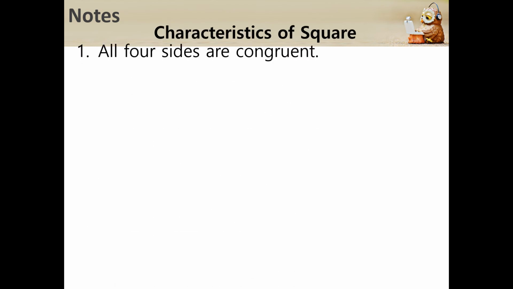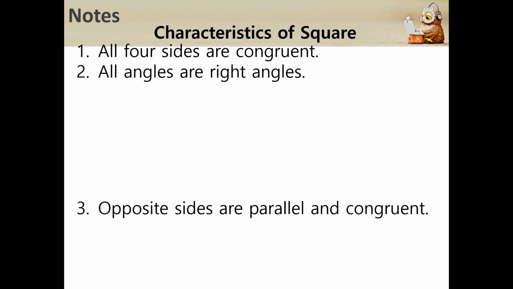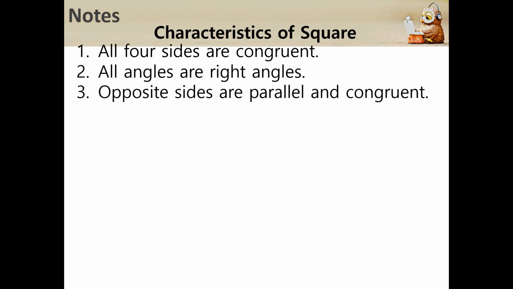And finally, since the square is both a rectangle and a rhombus, it has the following characteristics. First, all four sides are congruent. Second, all four angles are right angles. Third, opposite sides are parallel and congruent.